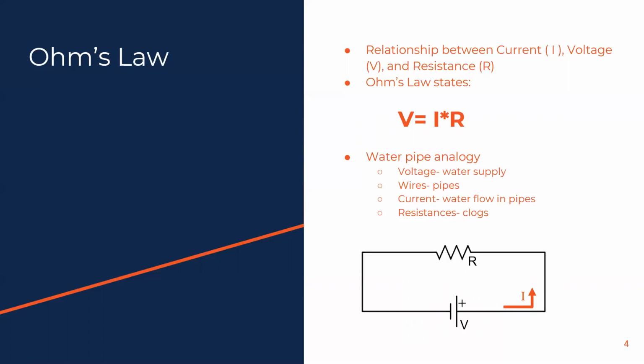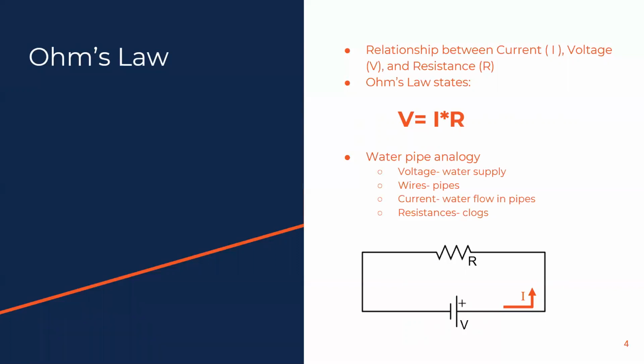The wires in the circuit are equivalent to the pipes. The water flowing through the pond is equivalent to charge flowing through the circuit. The current is a measure of how fast the charges are moving, and so the analogy would be how fast the water is flowing in the pipes.